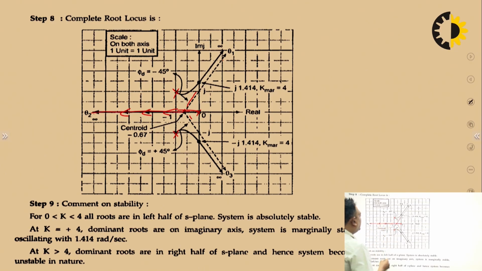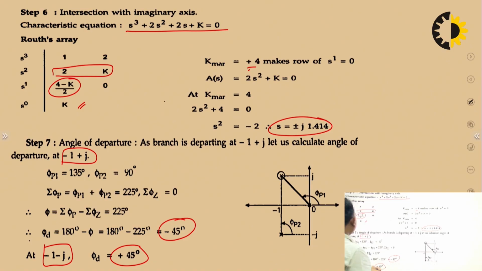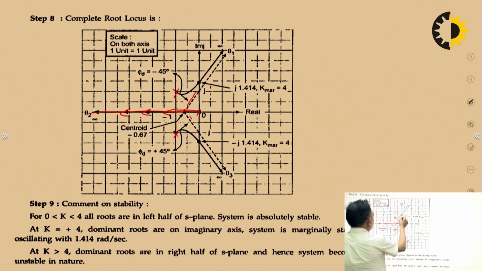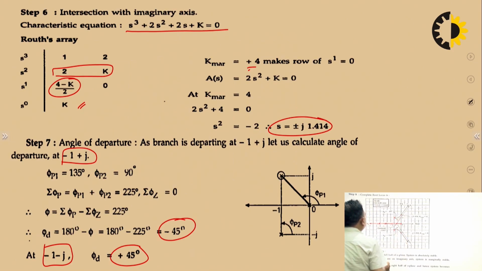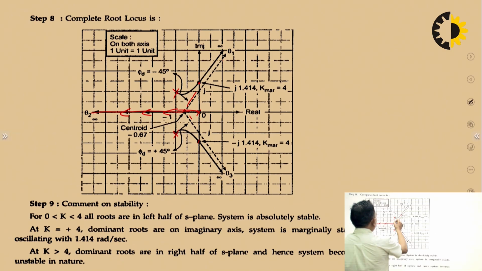These two are complex roots, and they will reach towards infinity and meet the imaginary axis at plus minus j 1.414. The angle of departure we have calculated is 45 degrees, so this angle is 45 degrees, this is minus 45, this is plus 45, and the locus will come out like this and like this.